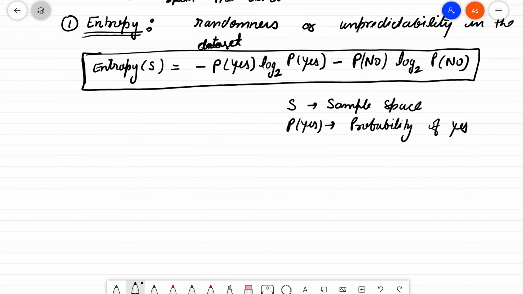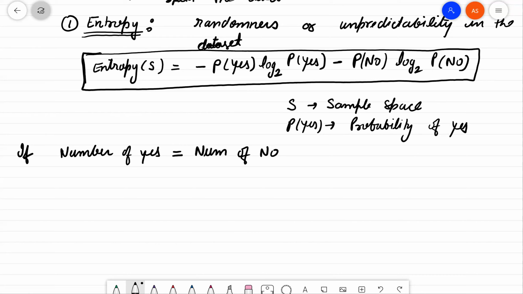If in the final outcome there is a certain number of yes and a certain number of no, and the number of yes is equal to the number of no, then what will be the entropy?